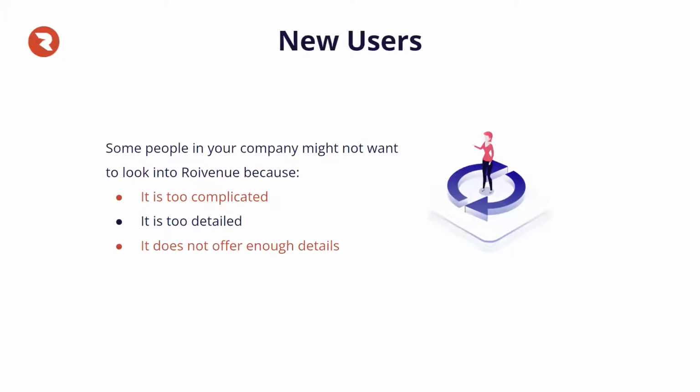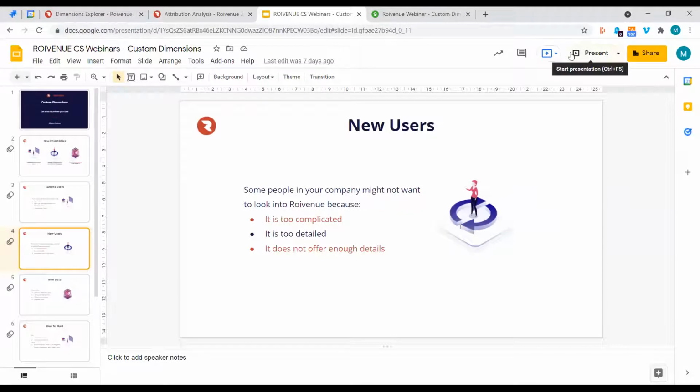For example, your CEO or CMO, depending on the size of your business, might not go into Roivenue directly because just the level of details it has is not necessary for them. But you still probably have to report some sort of numbers to them.